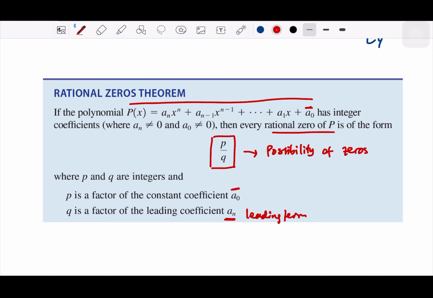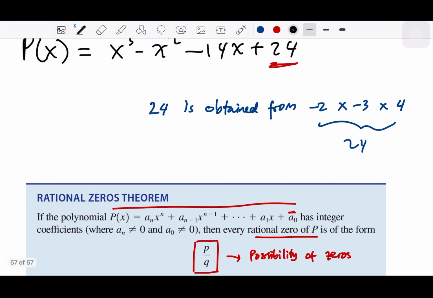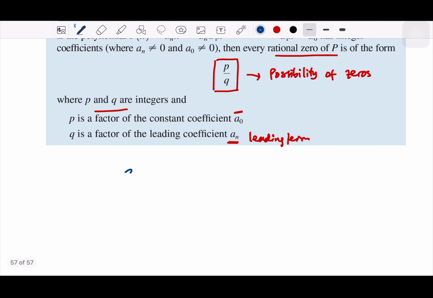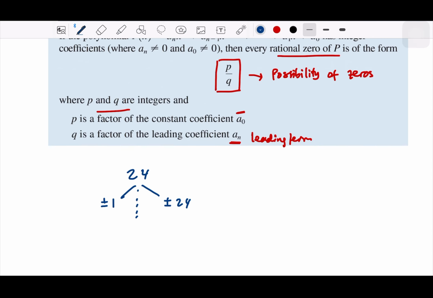So we can have a possibility from the factors of the constant. Like when we imagine the 24, it comes from, we can say, plus minus 1 and plus minus 24, if we take the factors. And we can also say 2 and 12, both positive and negative, because that's also a possibility, right? Because it can be negative, negative, or positive, positive.